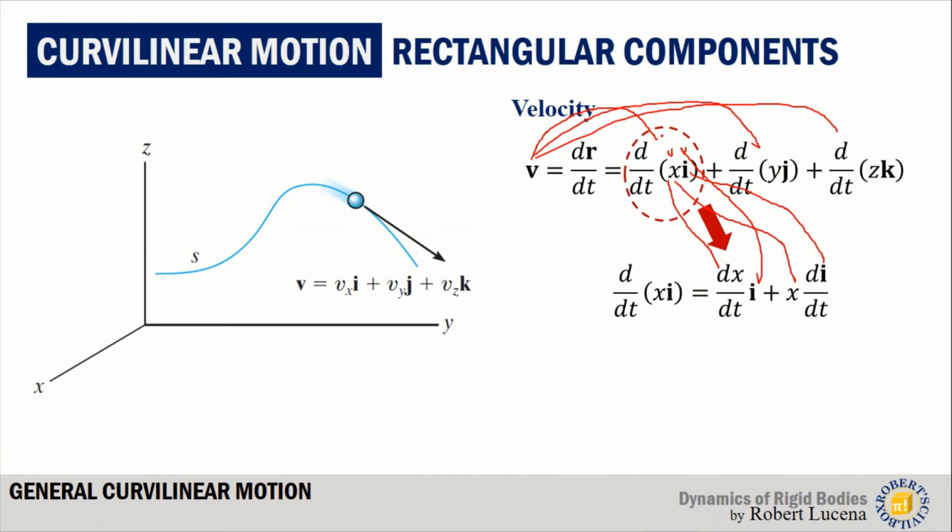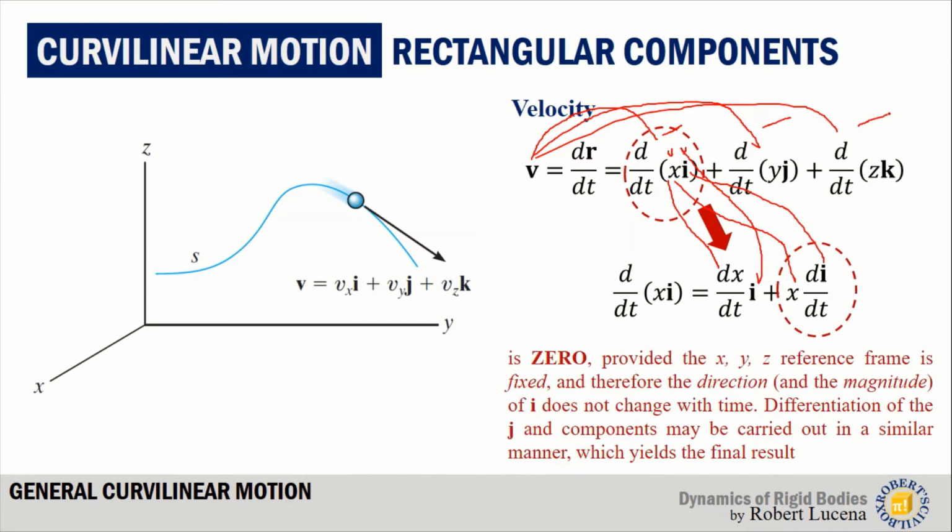We will get the derivative of these three terms individually and then add them up. But as you can see, this term is 0 provided that the XYZ reference frame is fixed, and therefore the direction and the magnitude of i does not change with time.